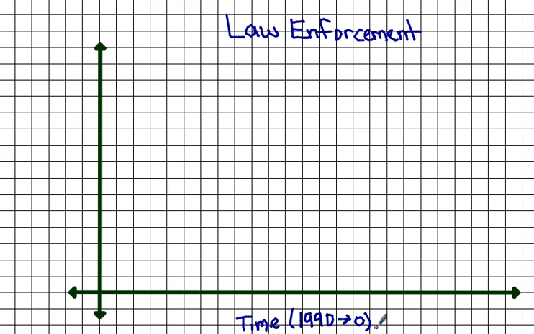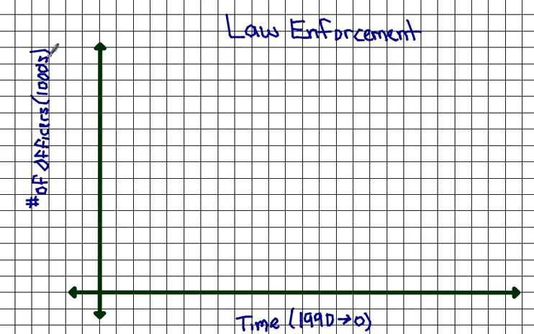And then our y-axis is going to be the number of officers that we have in thousands. Okay, so now we've got a rough labeling going. I want to find a scale that would be appropriate. In this case, our numbers went from 1990 to 2005-ish.